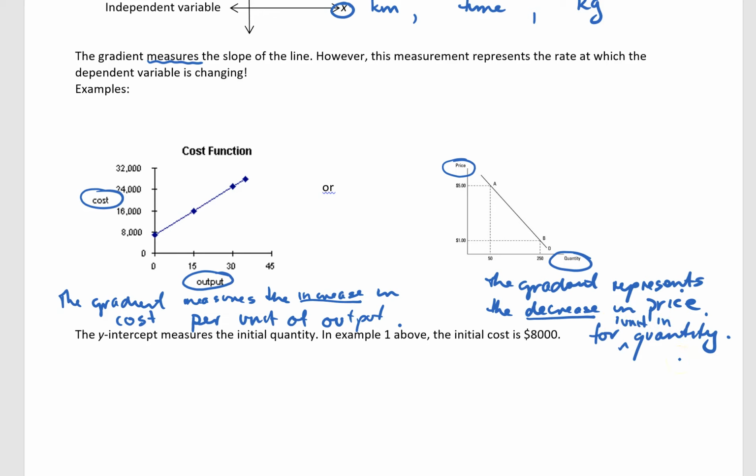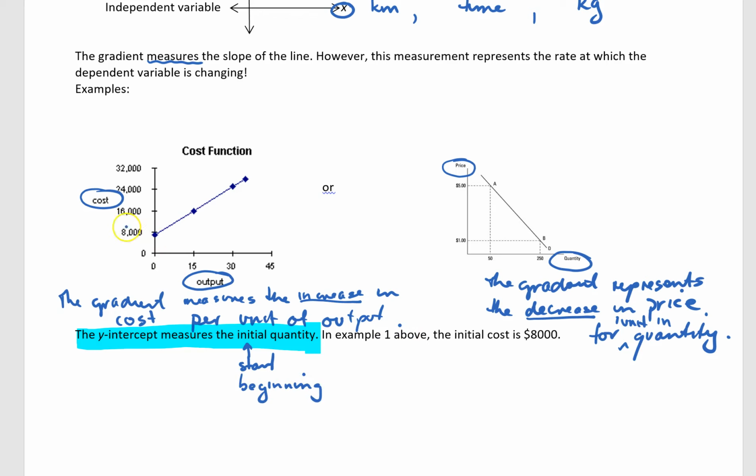Okay, another way to describe, so that was the gradient. A way to describe the y-intercept is, and this is really important, the y-intercept measures the initial quantity. Initial means in the beginning, at the start.